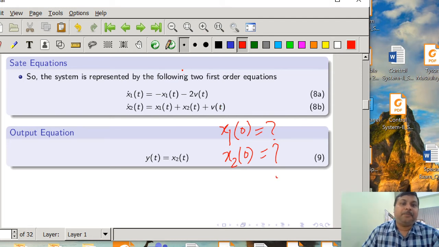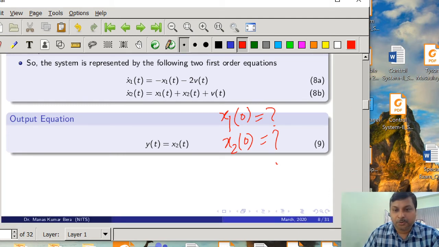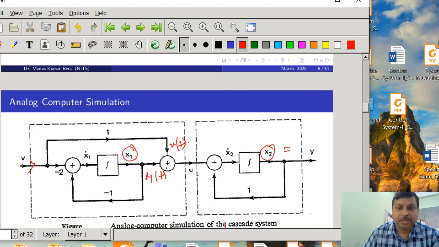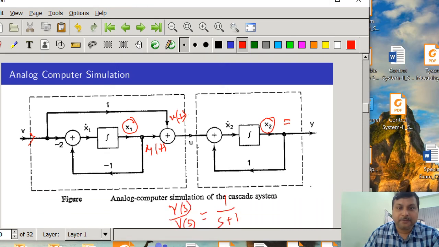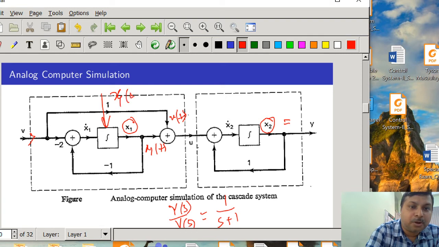And in practice, how will you relate these things? If you want to start the simulation, you have to give this information to the integrator. This integrator needs the information about x1(0), otherwise you cannot start the simulation.